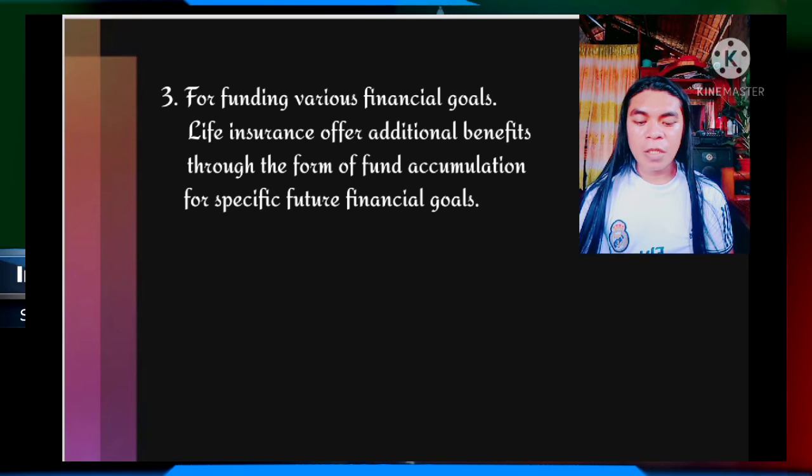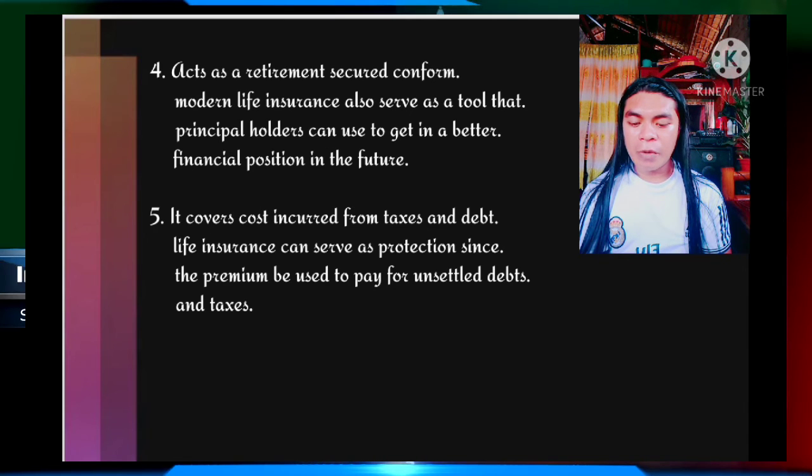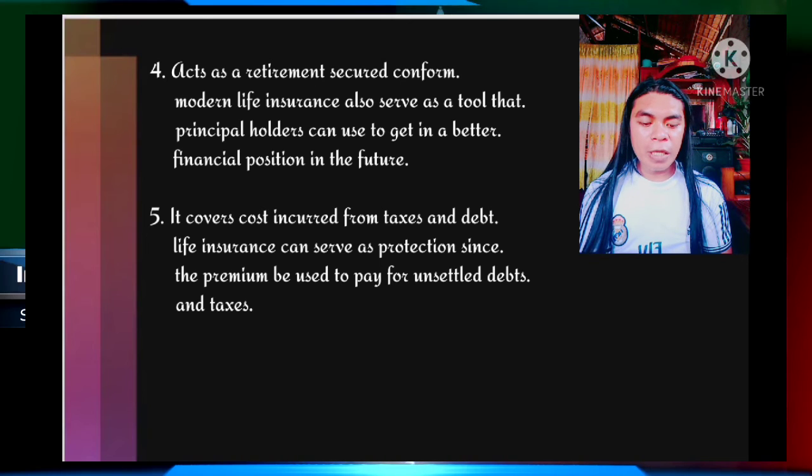Life insurance offers additional benefits through fund accumulation for specific future financial goals. Fourth, it acts as a retirement security. Modern life insurance also serves as a tool policyholders can use to get into a better financial position in the future.